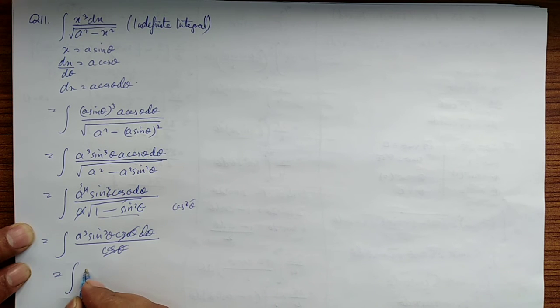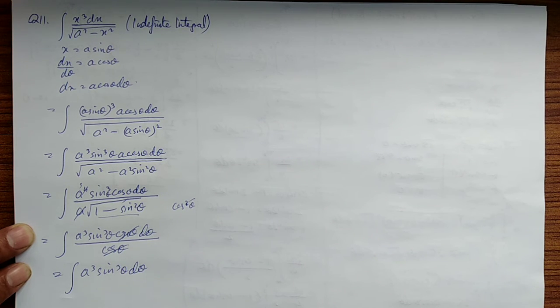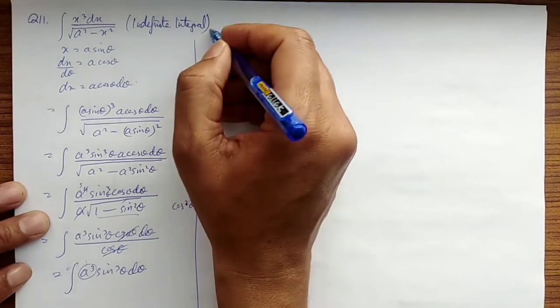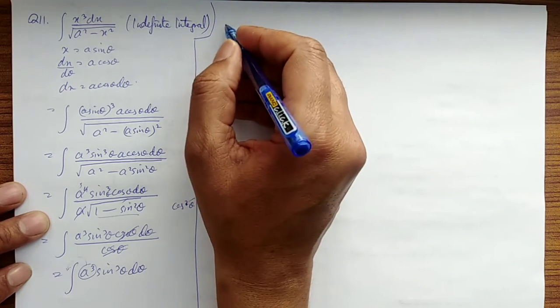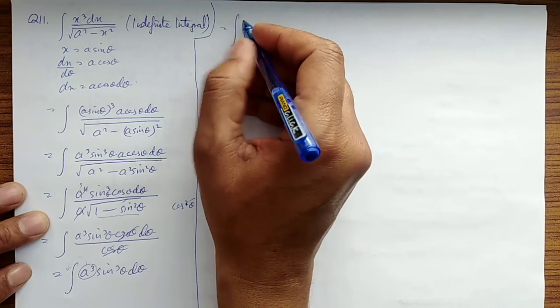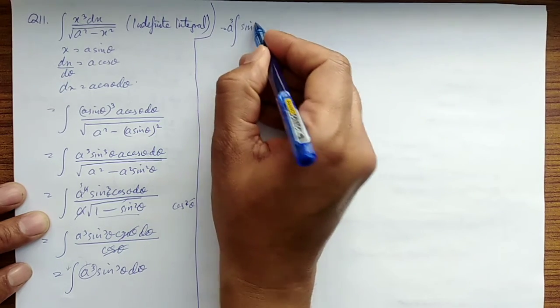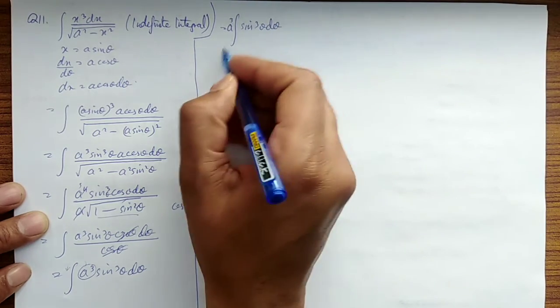I am left with a cube sine cube of theta d theta, right? So this term is a constant part, take this outside the integral. So I can write it as a cube integral of sine cube of theta d theta.